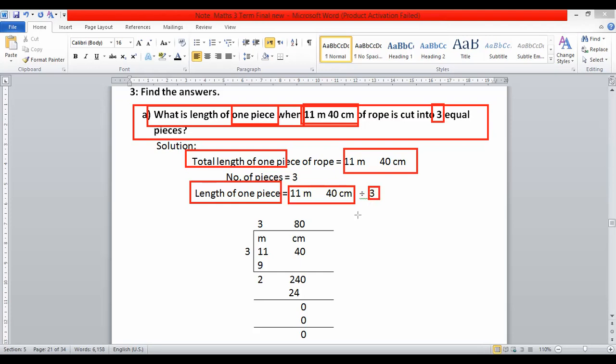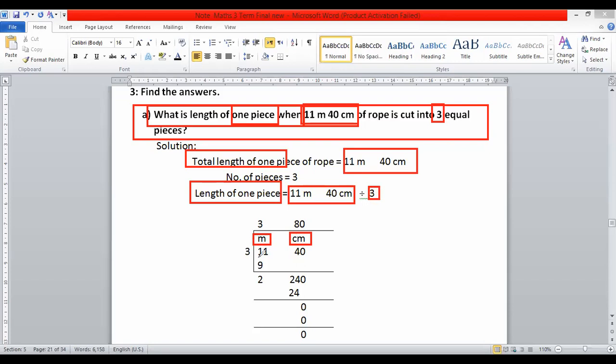Dear students, you have to use the vertical method to divide this rope by 3. So first of all, we write meter on one side, and on the other side we write 40. 11 meter and 40 centimeter divided by 3.